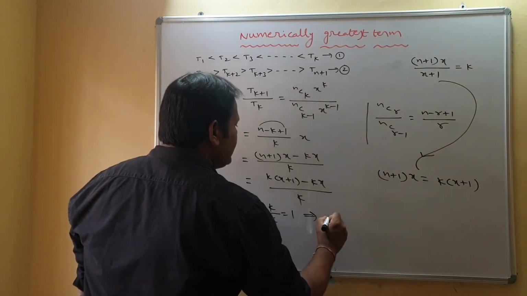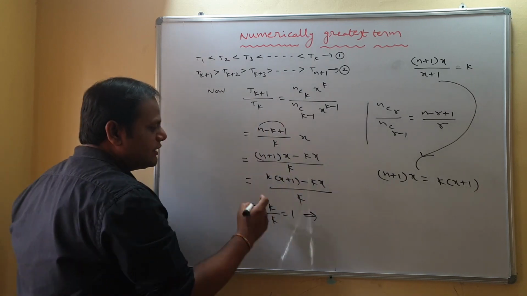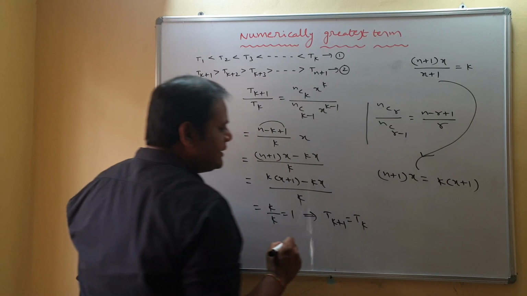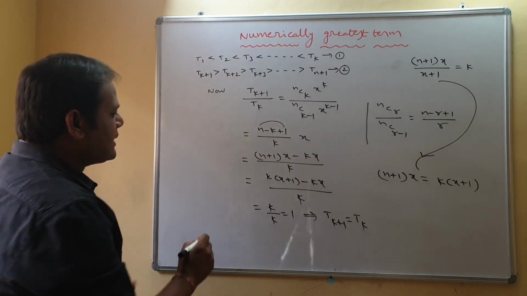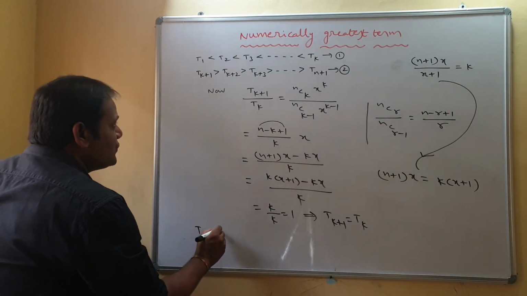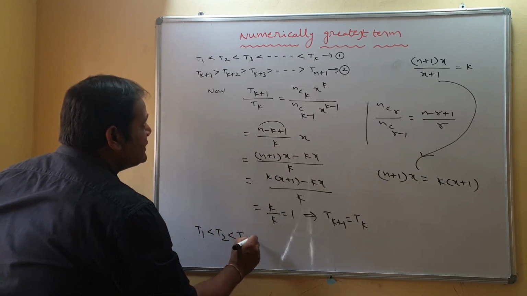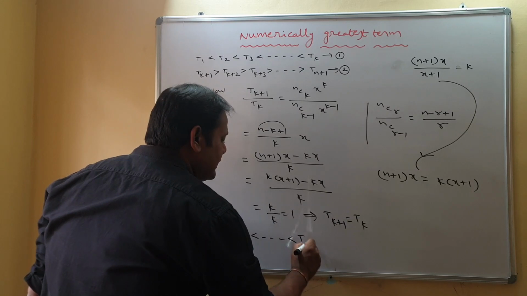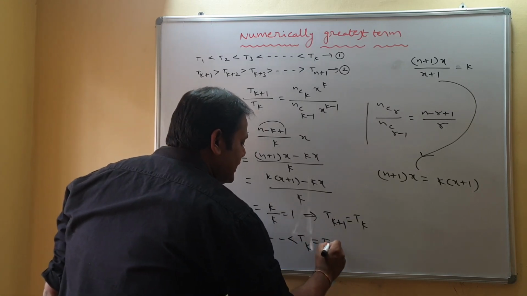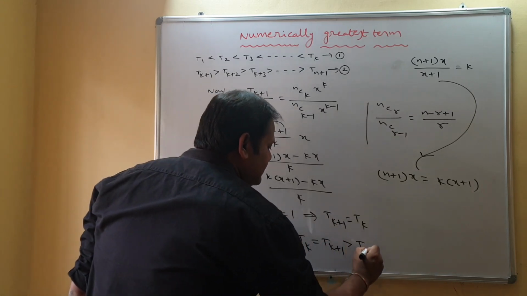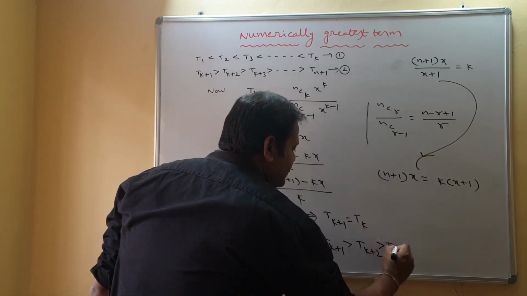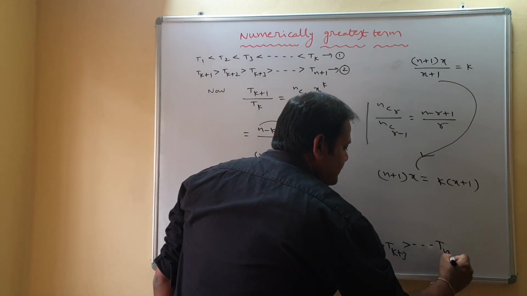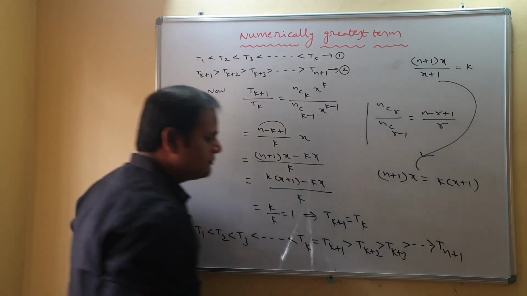So here we got that tk plus 1 by tk equal to 1, which means tk plus 1 equal to tk. So I can write t1 less than t2 less than t3 less than so on less than tk is equal to tk plus 1 greater than tk plus 2 greater than tk plus 3 greater than so on tn plus 1. Is it?